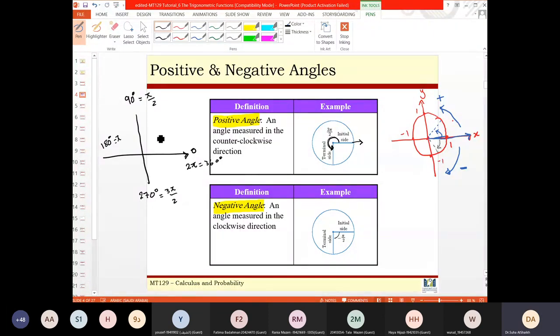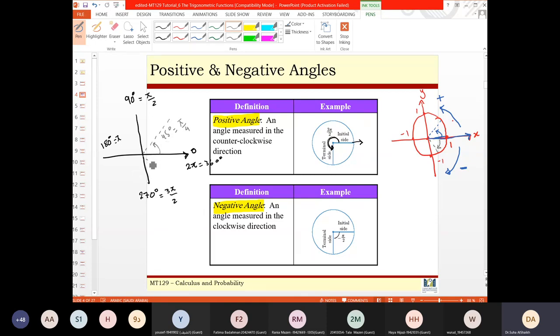Right? For example, I'm here, moving from the 0 to here, this is 45 degrees, which is pi over 4, and it's positive. Half of 90 is 45, which is pi over 4, a quarter of pi.